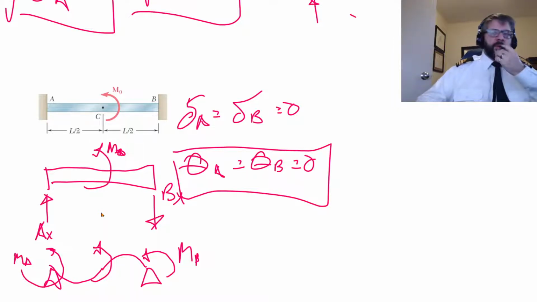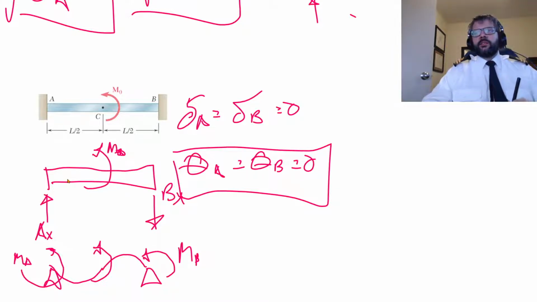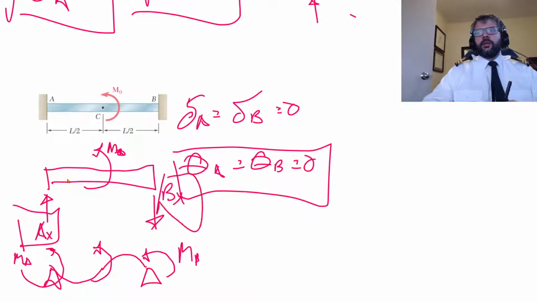So if we want to look at this, essentially, we know that AX and BX need to be equal to one another because they're the only vertical forces.